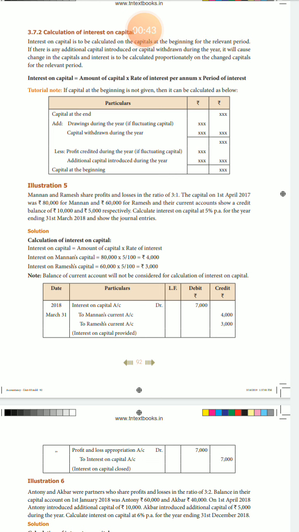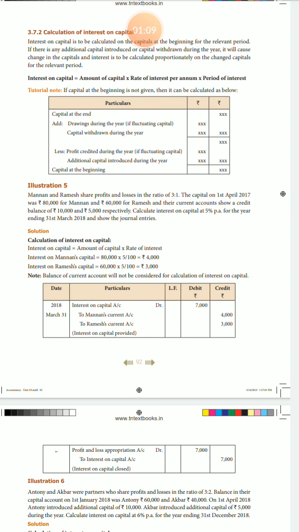First I read the sum. Mannan and Ramesh share profit and loss in the ratio 3 is to 1. The capital on 1st April 2017 is 80,000 rupees for Mannan and 60,000 rupees for Ramesh.